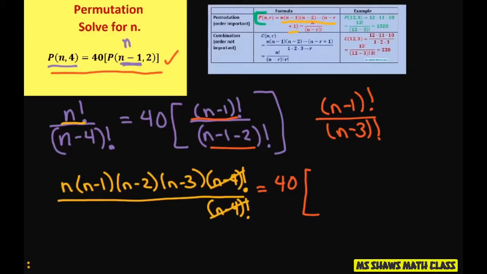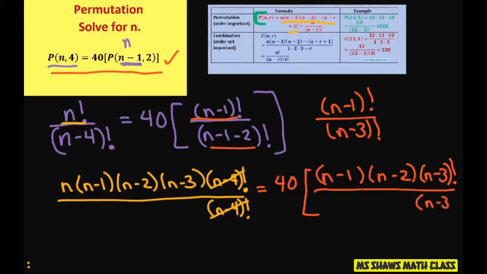So we're going to start with our n minus 1, and then go all the way to n minus 3 factorial, and divide it by n minus 3 factorial. So these cancel. Now let's look at this. We have no more denominators. These two will cancel, and these two will cancel. So the only thing we have on the right hand side is 40.